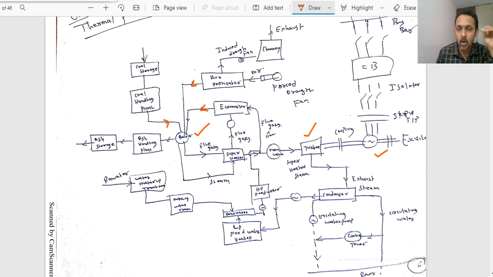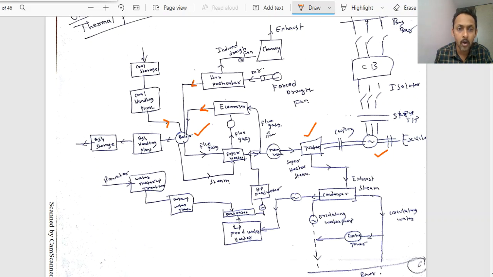Once the raw coal is brought to the coal handling plant, there the coal undergoes pulverization, that is, it is made into fine powder, so that it can be burnt completely. There won't be any wastage of unburnt coal.